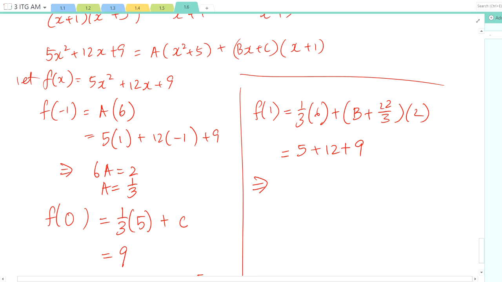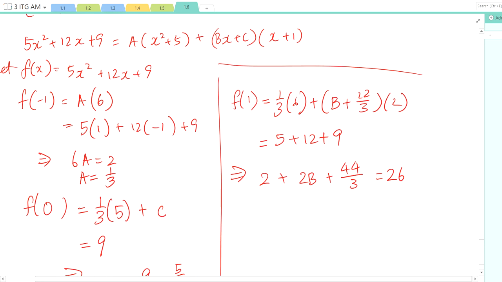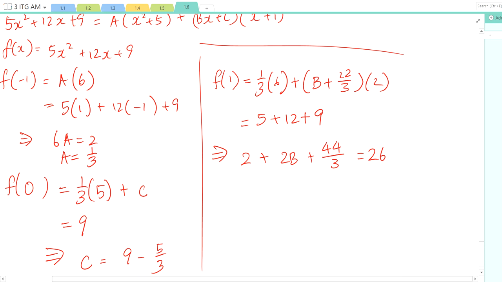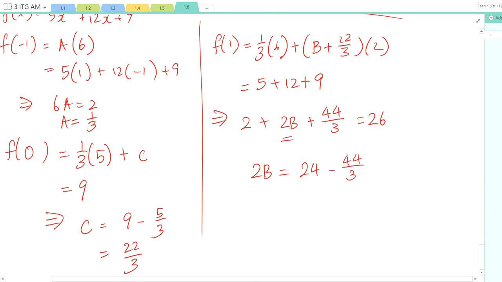In summary, I've got 2 plus 2b plus 44 over 3 equals to 26. Am I right? Okay, so now I just want the b. So 2b equals to 26 minus 2, which is 24, minus 44 over 3.